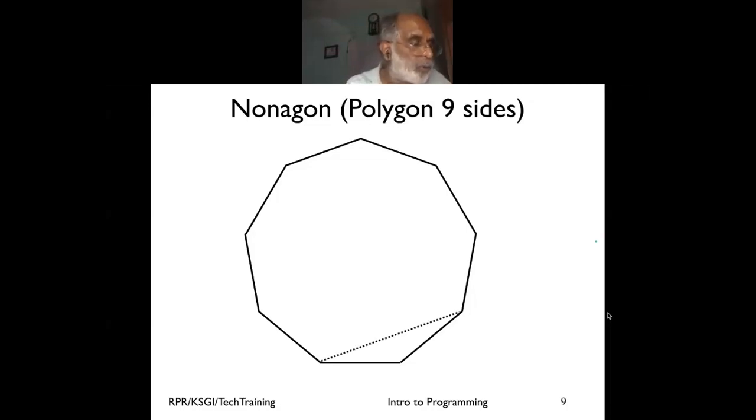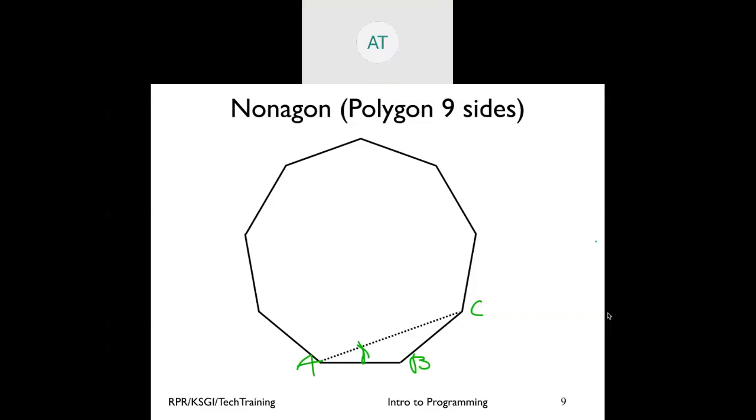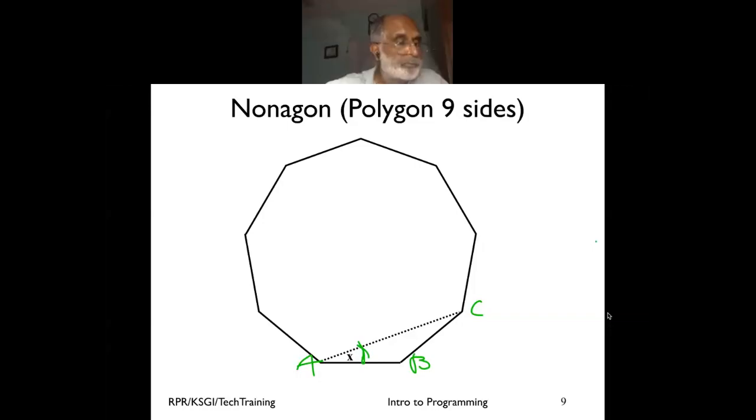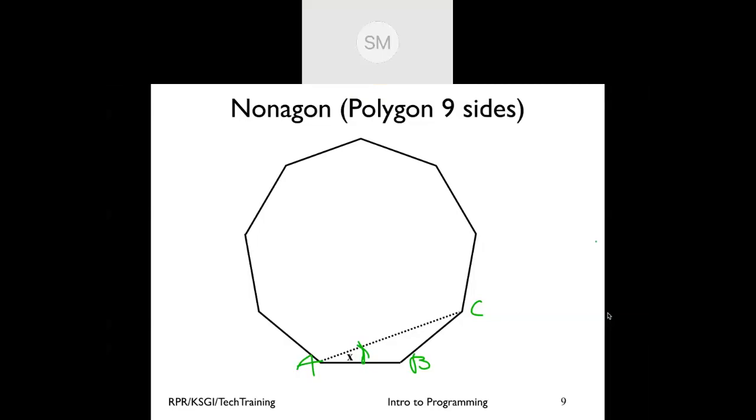I need to draw these points, call them A, B, C. What is the angle CAB in the nonagon? What would the angle X be?